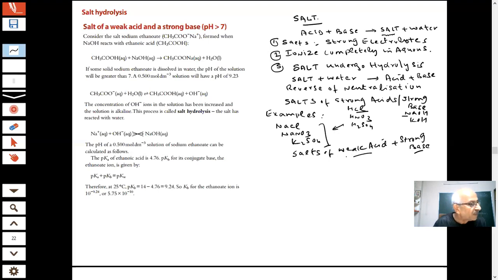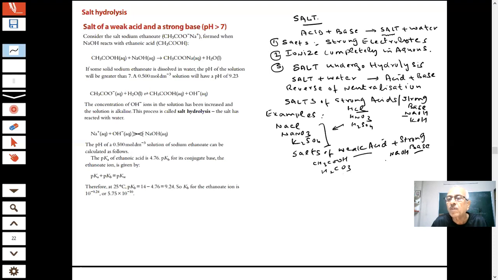What are the examples of weak acids? Can you give me examples of weak acid? CH3COOH. H2CO3. There are more, but I'm only taking two. Strong base you already know.